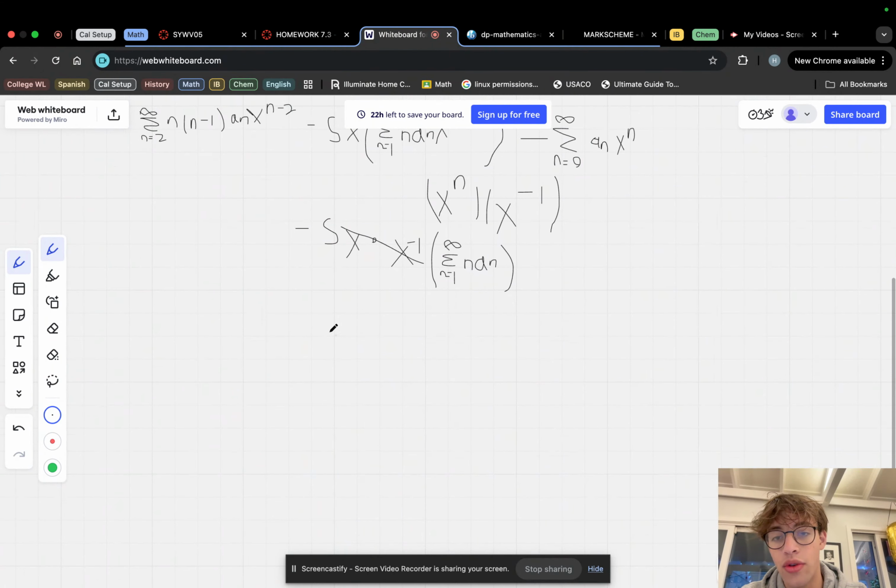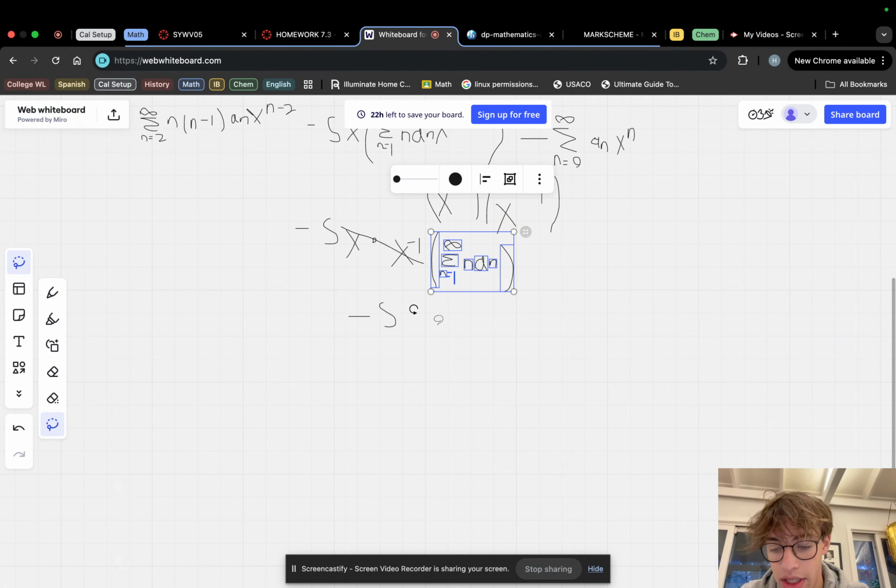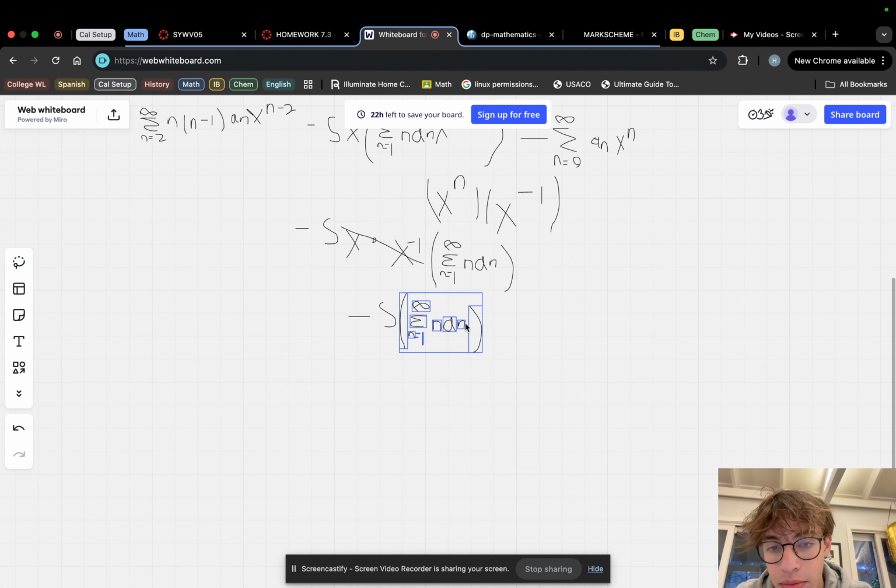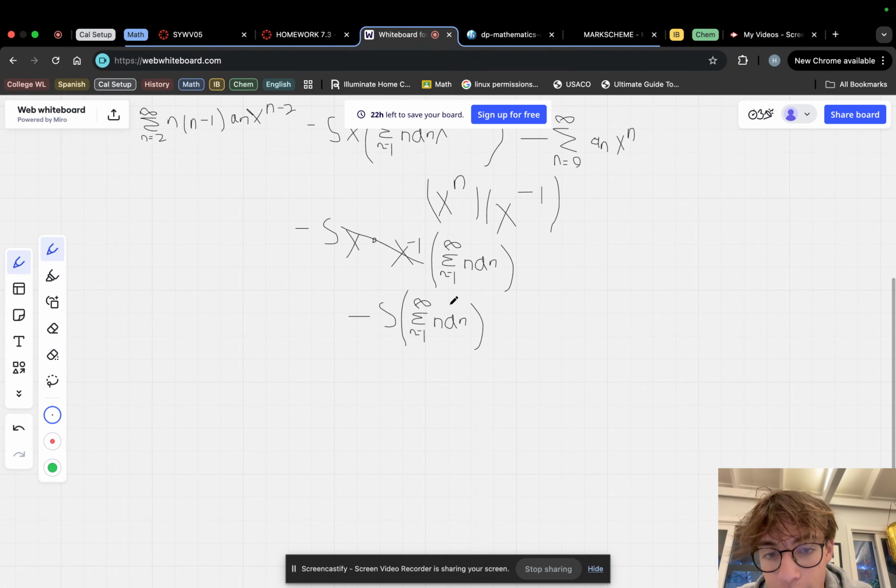So we could simplify it to negative 5, and then, sorry, we need the x to the n. Move this over, negative 5, and then we have our x to the n, because that's the n, so we can't move it to the front. And then now we lasso all this.